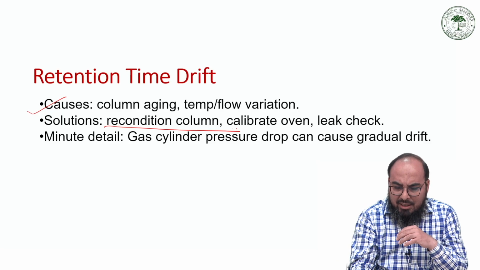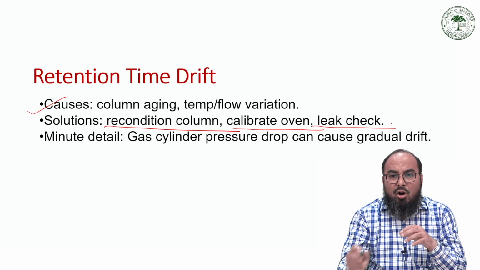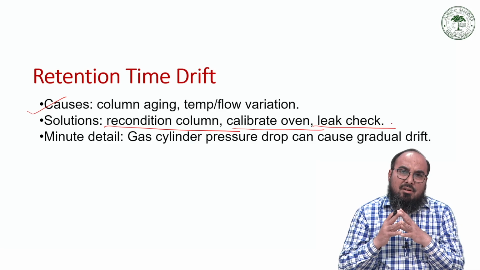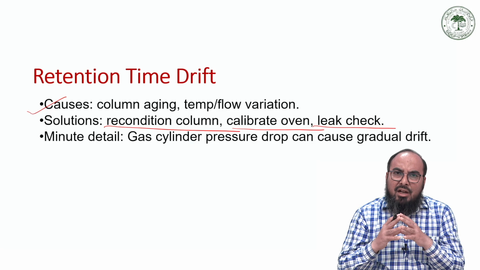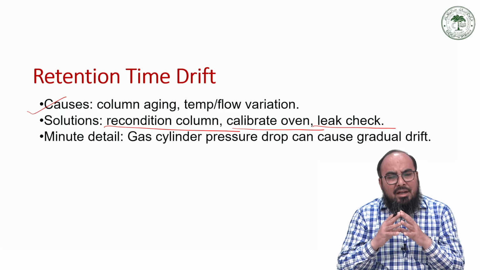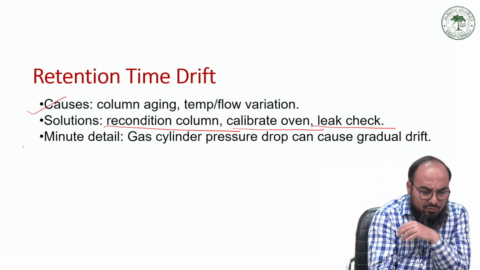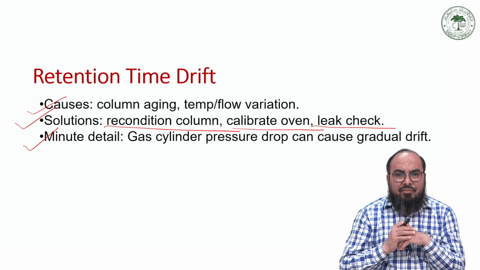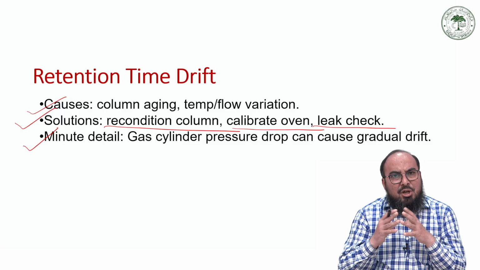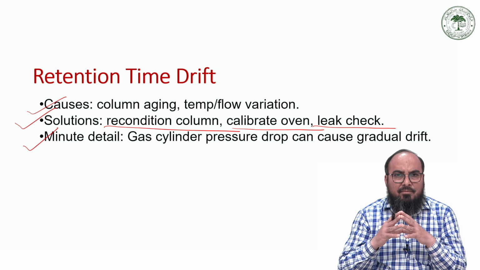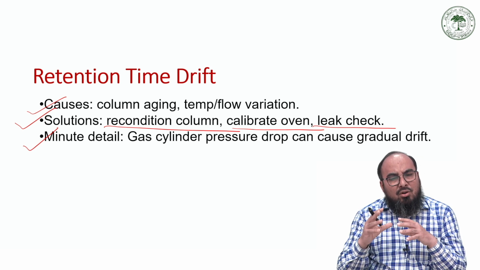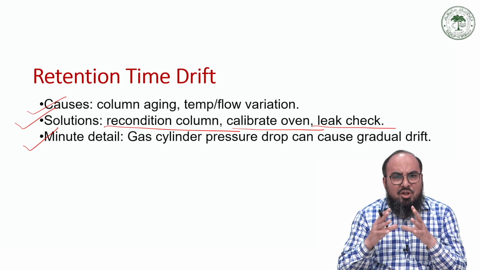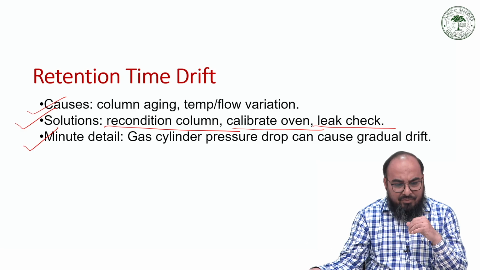So you can calibrate the oven, and you can always check for leakages, that is, whether your carrier gas is flowing freely and is maintaining the volume and the pressure or not. So you have to check for every minute detail, that is, whether there is some pressure drop, whether the pressure is maintained throughout the column or not, and what is the status of your rotameter and pressure gauges. So you have to check each and every detail.